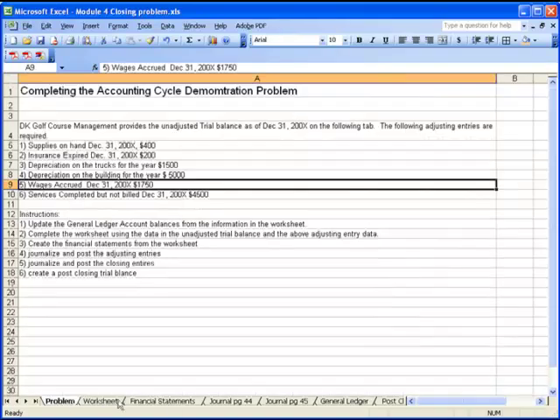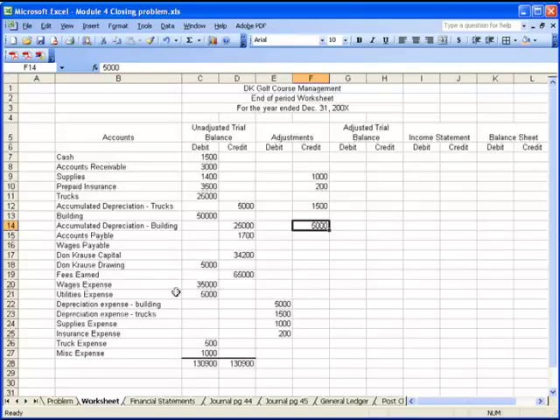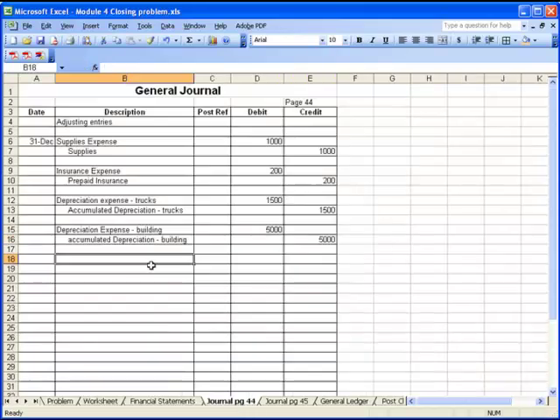That was $1,750 is the amount. Wages expense debit, $1,750, and then we've created this liability wages payable as a credit, $1,750. And again, in my general journal, I would have wages expense and my liability.